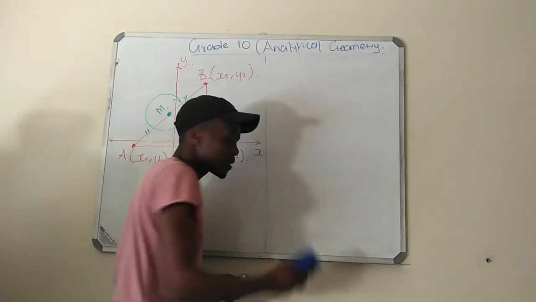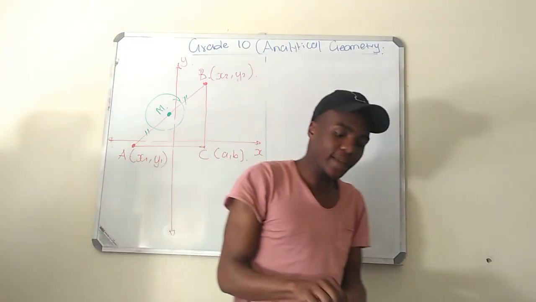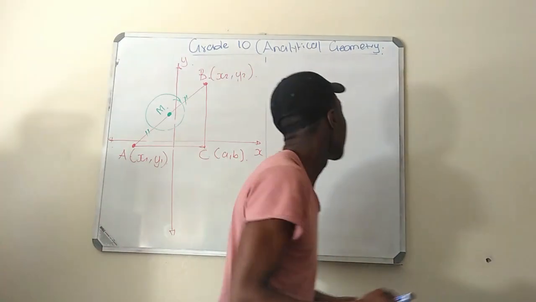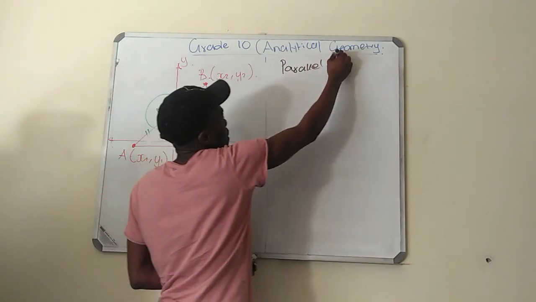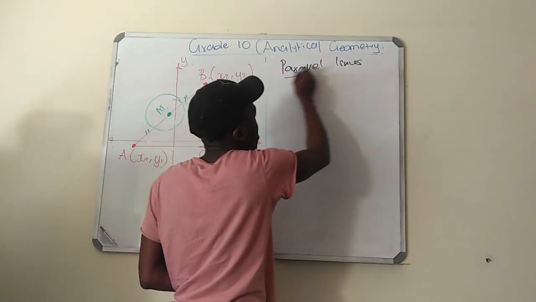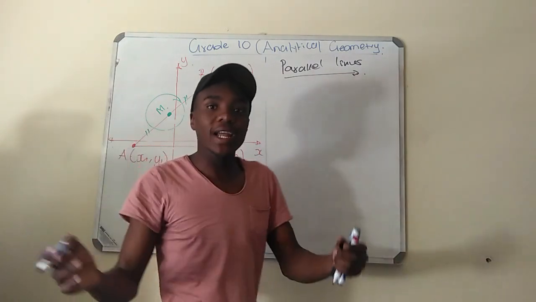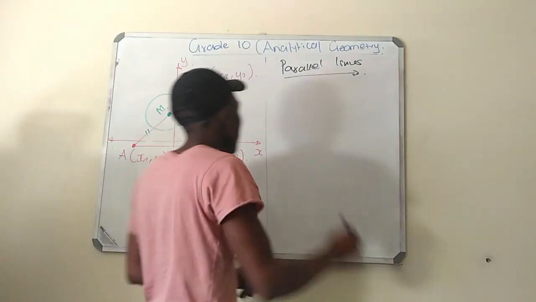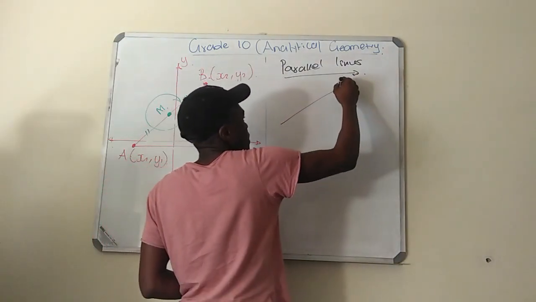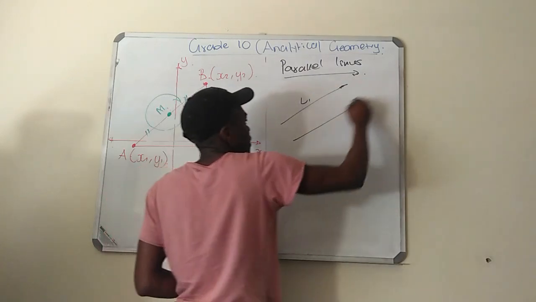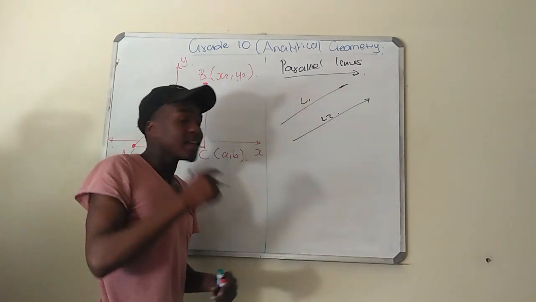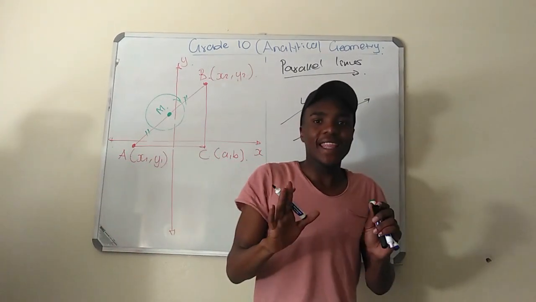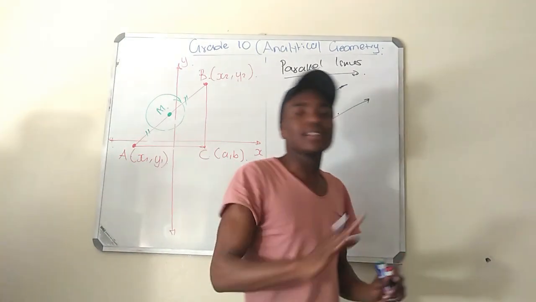I'm going to start by explaining what I mean when I say parallel lines. Parallel lines are two lines that will never meet. If we have two lines like this, let's call this line 1 and this line 2. If they never meet, then they are parallel.